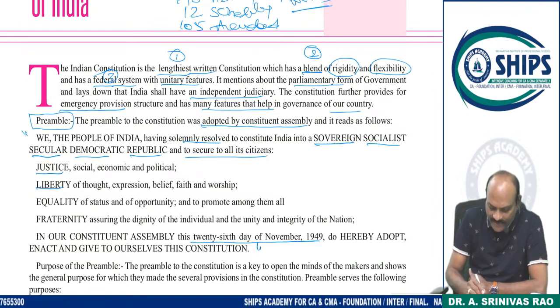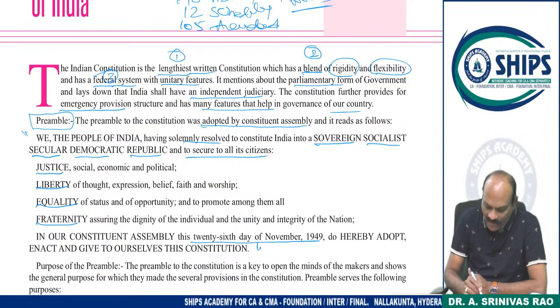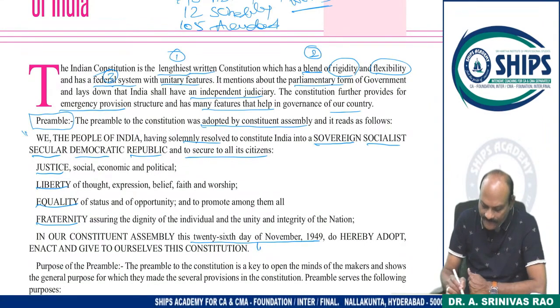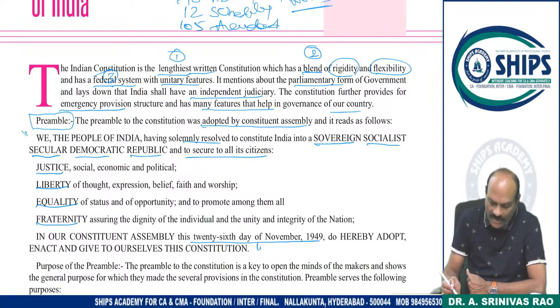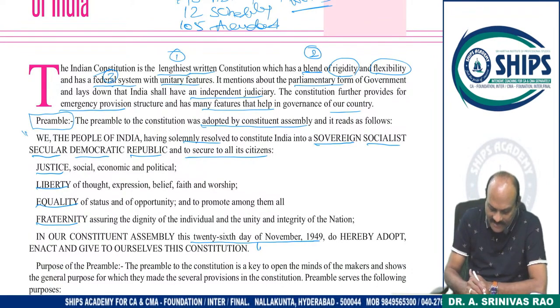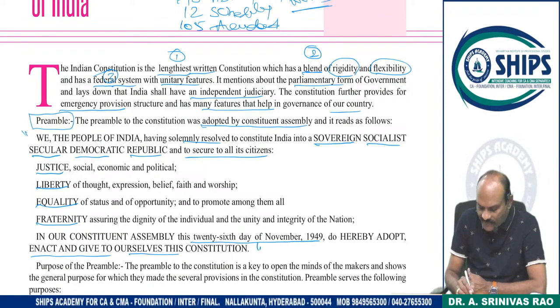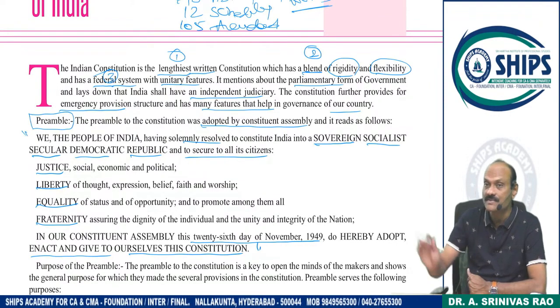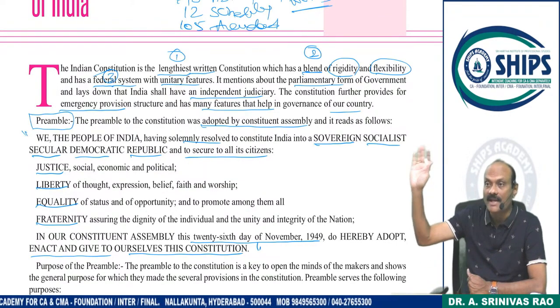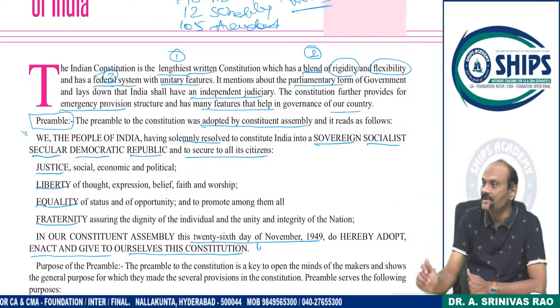Justice, liberty, equality, fraternity. And in our Constituent Assembly, which came into force on 26th November 1949, do hereby adopt, enact and give to ourselves this Constitution. Means we are giving an assurance that I blindly obey this Constitution of India.